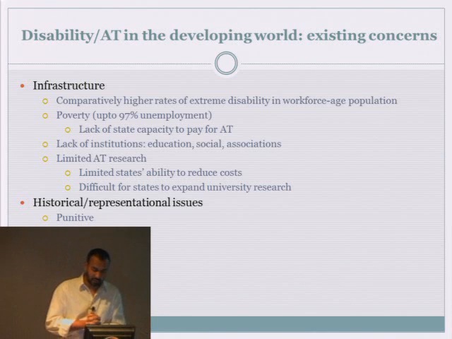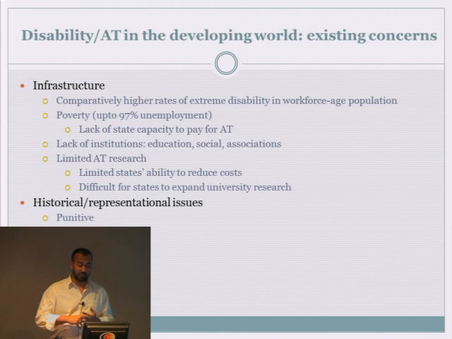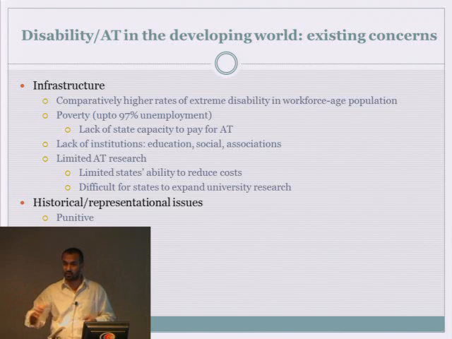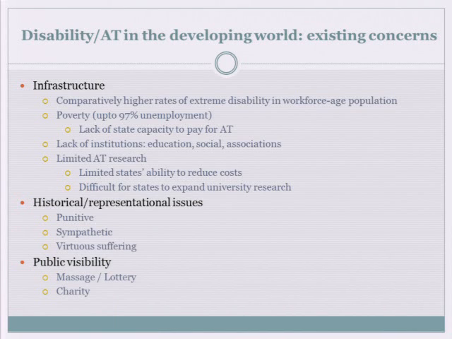Let me start off by talking about disability and assistive technology in the developing world and what are the existing concerns around this. There's obviously infrastructure concerns, comparatively high rates of extreme disability in the workforce age population. This is important the way that I defined it because as your lifespan gets higher, so does the rate of disability in a society, and definitions of what counts as disability also differ from place to place.